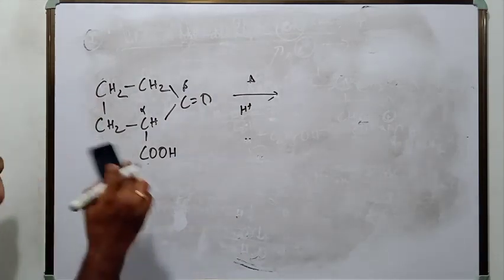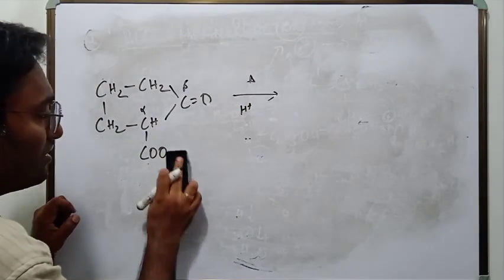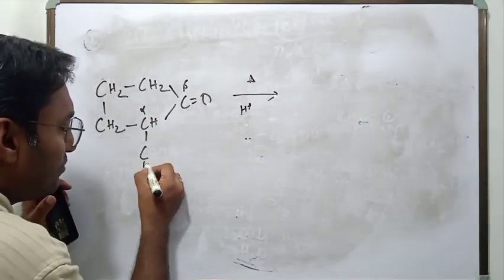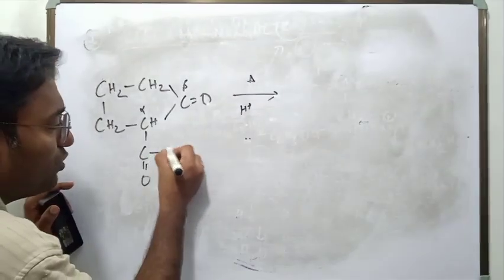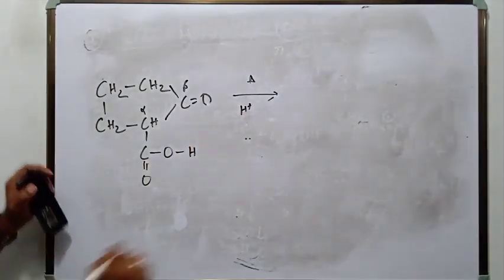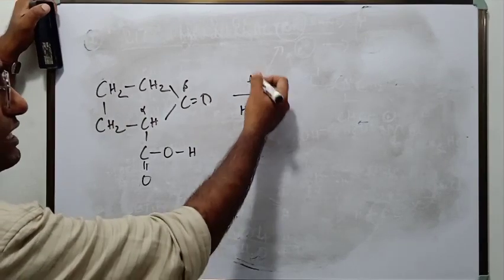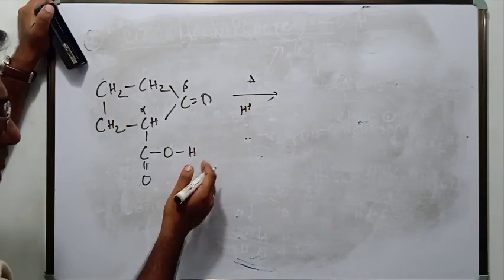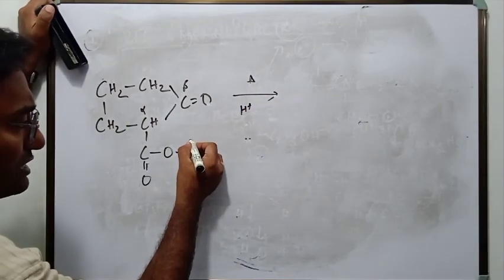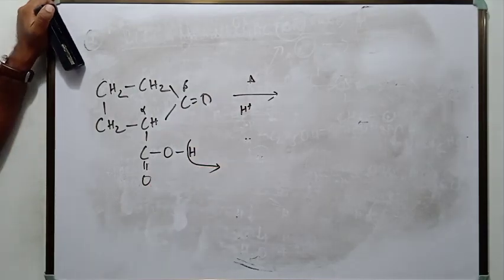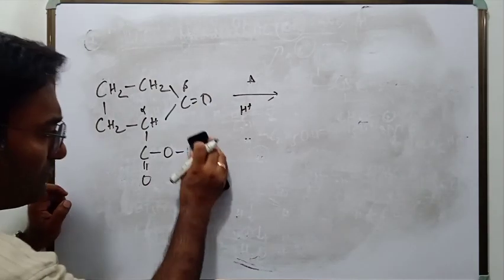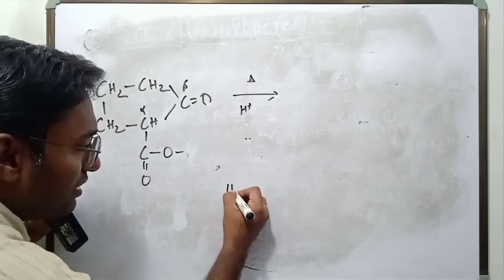Let us understand decarboxylation. Let me write it as COOH. When you are heating it in acidic condition, this H plus goes and comes here.